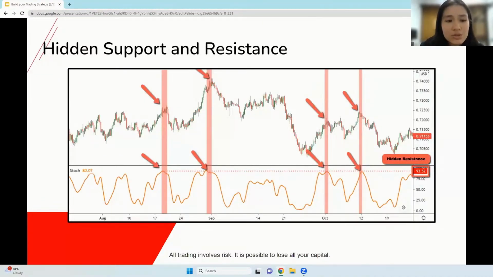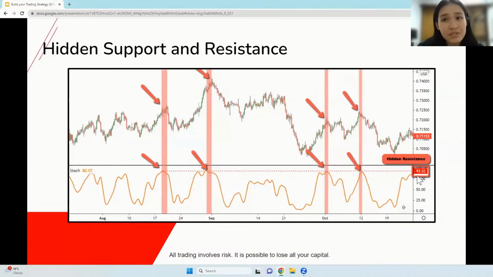How we like to use stochastic as well as RSI is by looking at hidden resistances and divergences, which we'll get into in a little bit. But we do have webinars purely on divergences, so you could go and take a look at those as well. But I'll briefly go through those now.